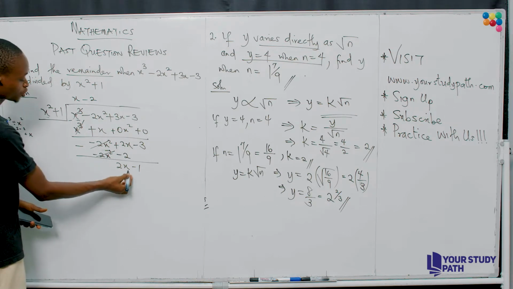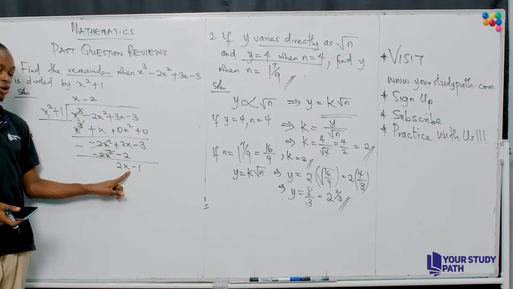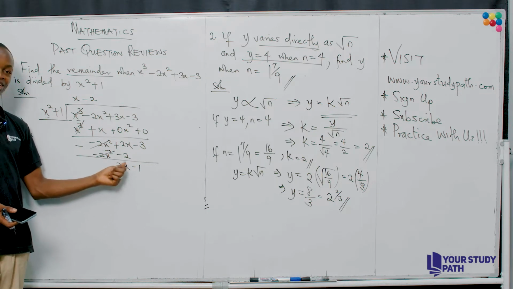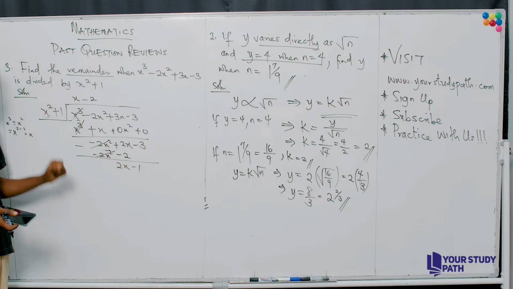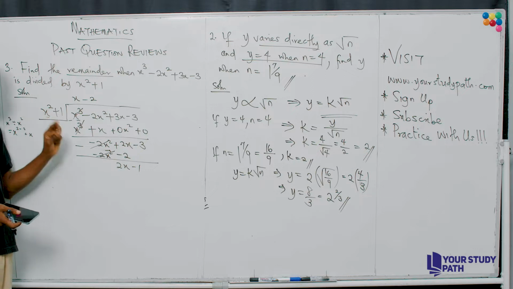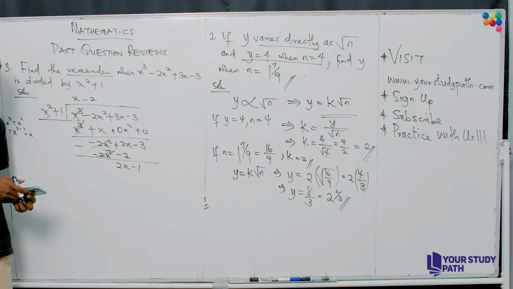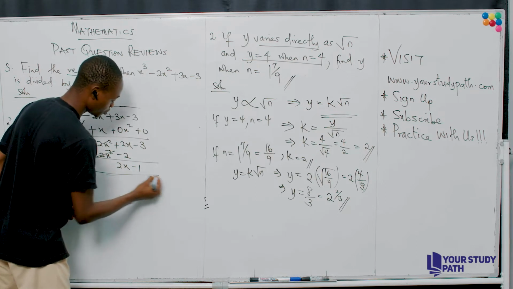And then you are supposed to use this term to divide this. But then you'll notice what? 2x now is a value that is lower, that is the highest power here is lower than the highest power on the divisor. The moment the highest power here is lower than the highest power on the divisor, you stop your division process. That means at that point, your division process has been completed.